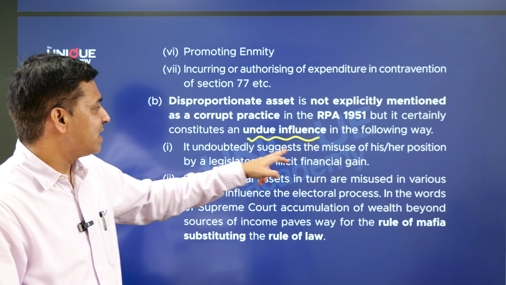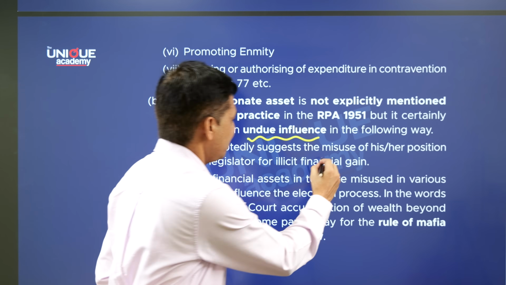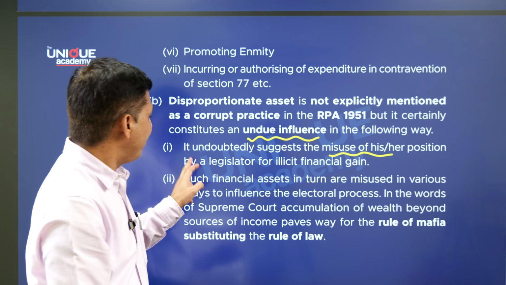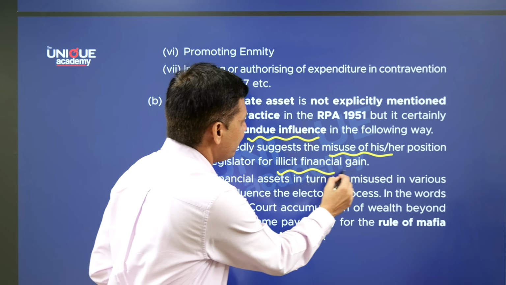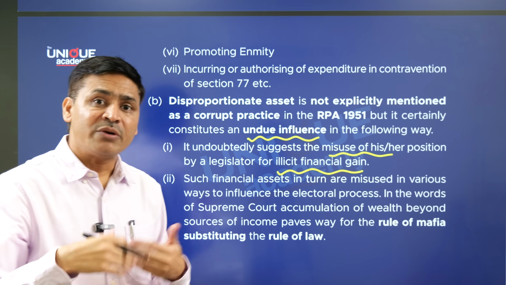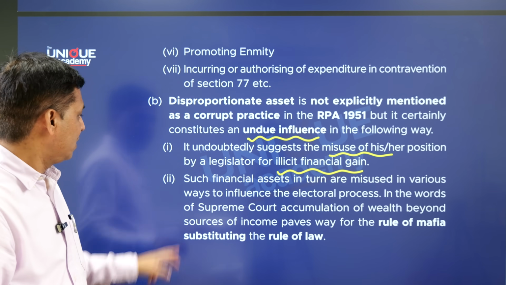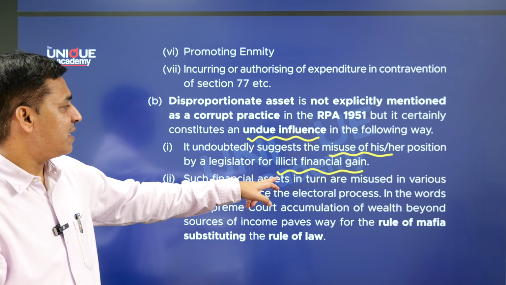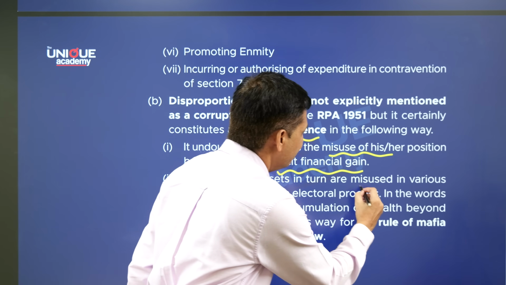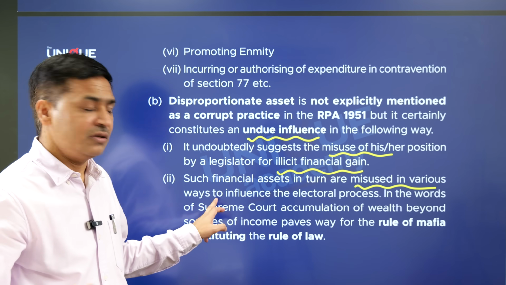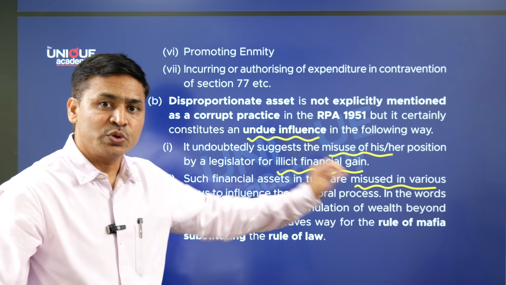You have to be very, very specific. It undoubtedly suggests the misuse of his or her position by a legislator for illicit financial gain. Without this kind of influence, it is very, very difficult to accumulate that kind of money. Second, such financial assets in turn are misused in various ways to influence the electoral process.